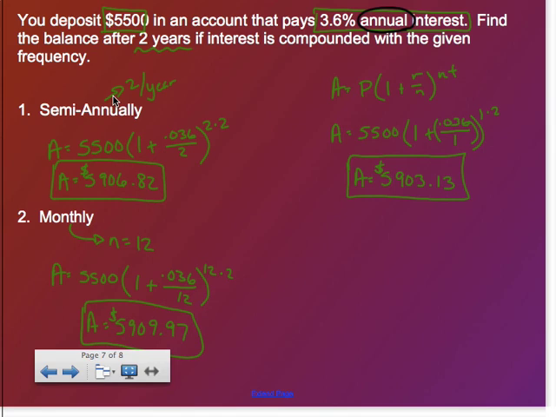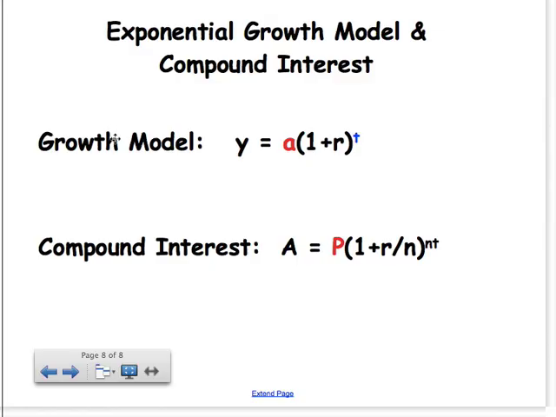In summary, you should take away 2 formulas or 2 functions that relate directly to exponential growth functions. The first being the growth model that we learn for any kind of exponential growth model, where y is the output or the growth after t years, A is still that initial amount, whether it be a bank account or a population, whatever it is.